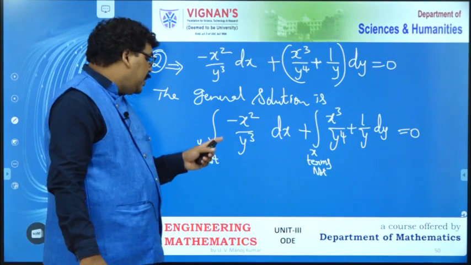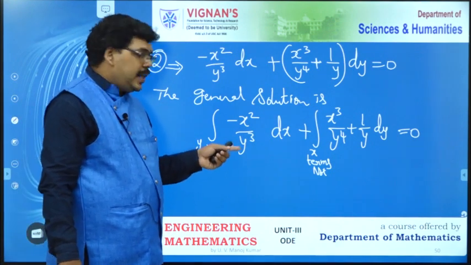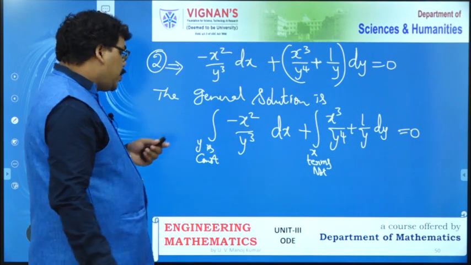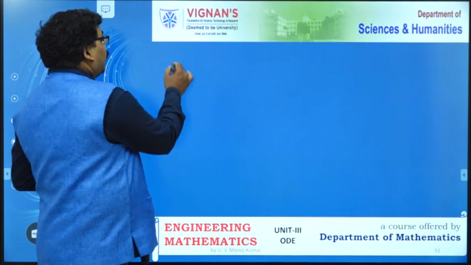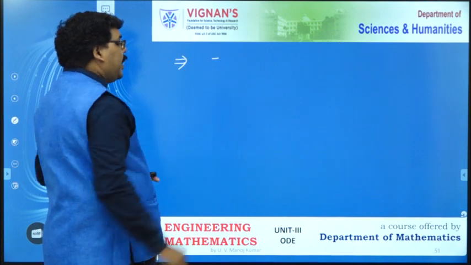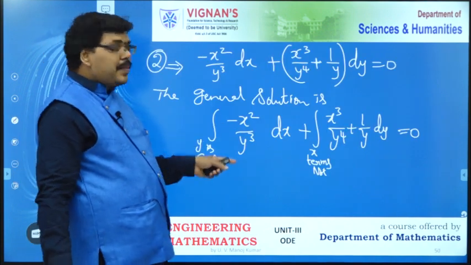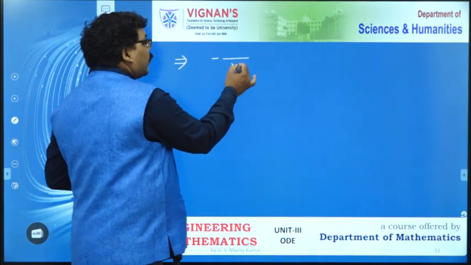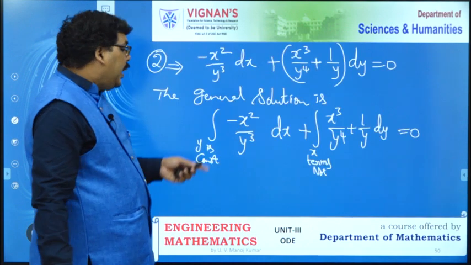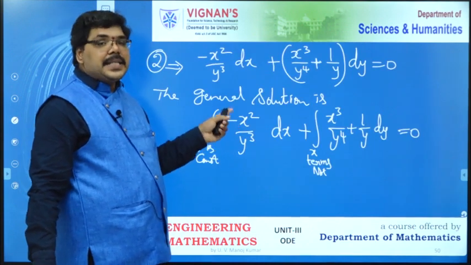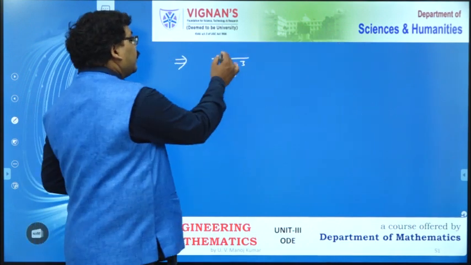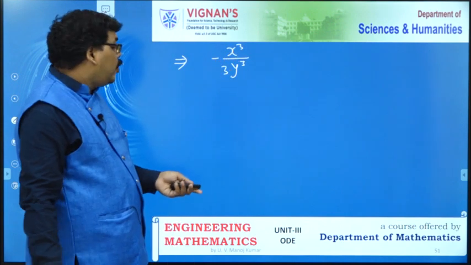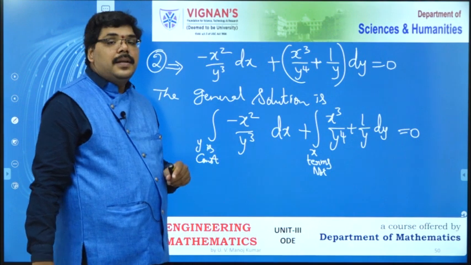So when you integrate this, 1 by y cube is constant, x square integral is x cube by 3. So by integrating on both sides, I will get minus 1 by y cube is constant, x square integral is x cube by 3. Over first term integral.